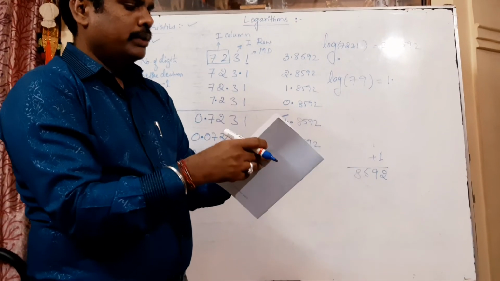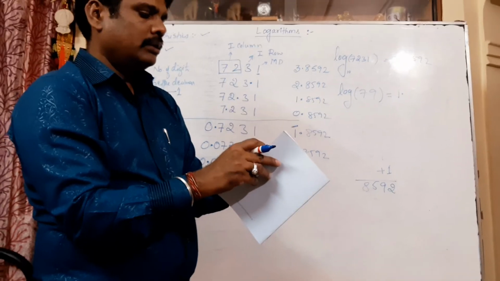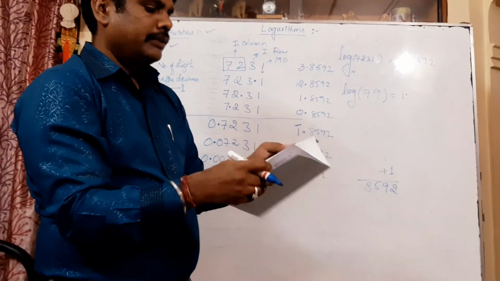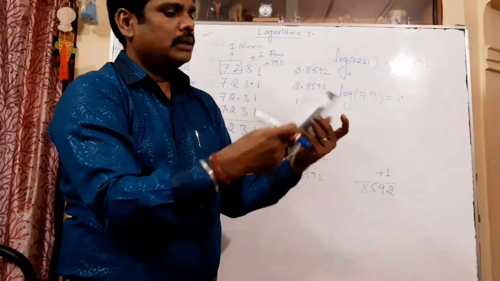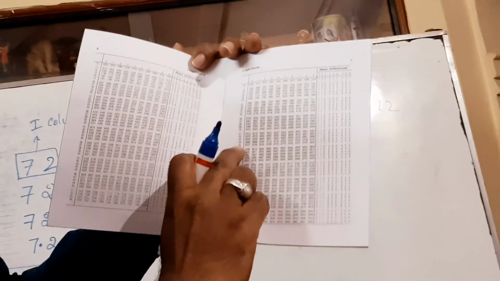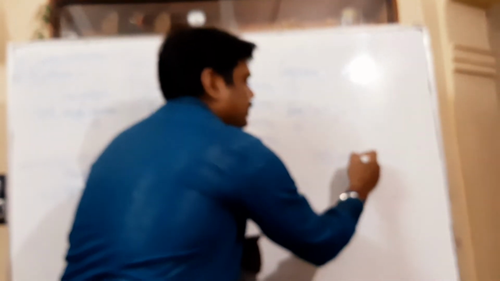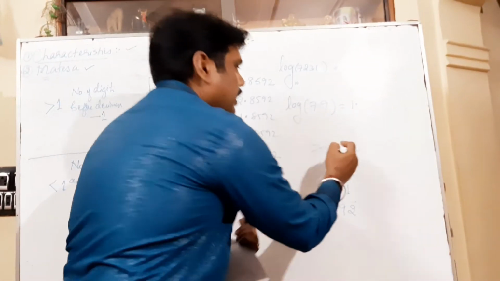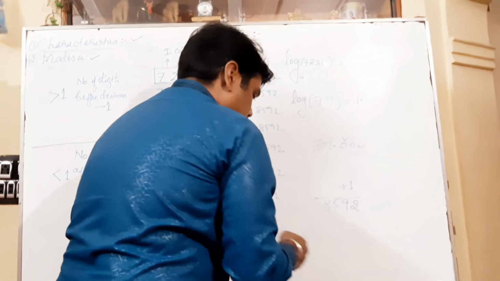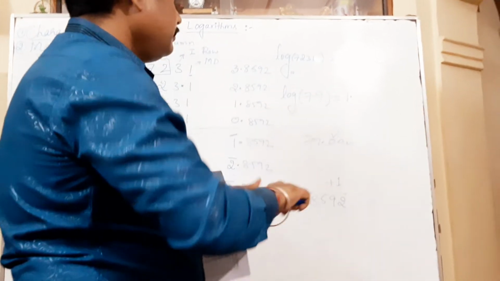So you can open the logarithms table and search for 79 in the first column. Here is 79. There are no values after 79, so it is understood as 79.000, and we can count this as 0 in the next value.